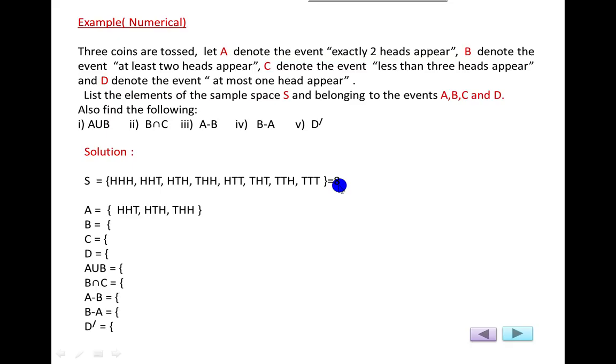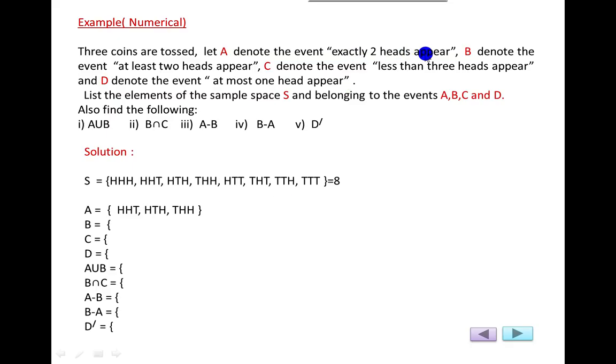Okay. According to the condition, an event is a part or subset of the sample space. So exactly 2 heads appear. Exactly 2 heads means these 3: in this 2 heads, in this 2, in this 2. In these 3, 1 head, 0 head here, 3 heads here. So there are 3 members of the set with this condition.